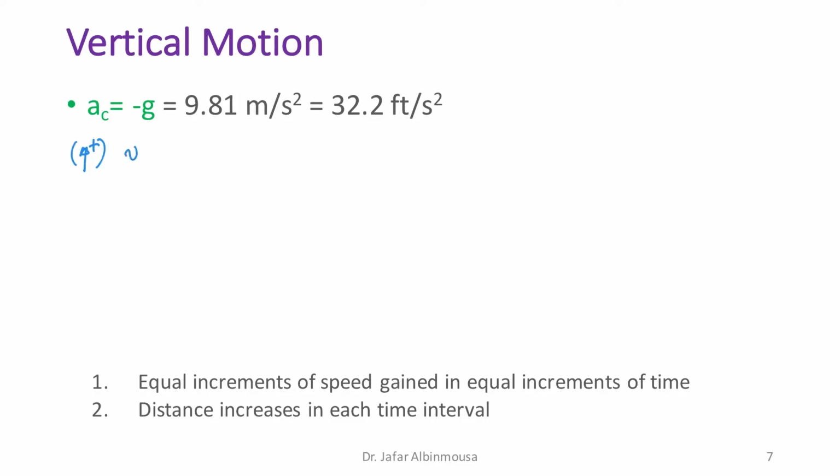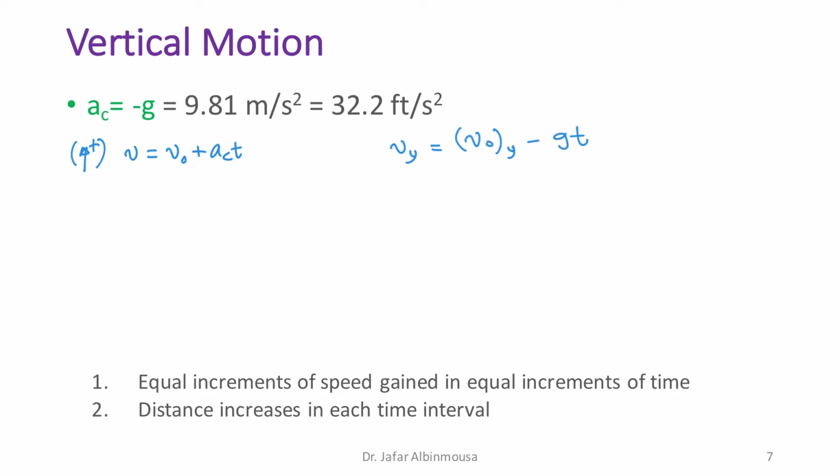Now, we write down the constant acceleration relations again, and for that, we will have upward as positive. The first equation, v equals v0 plus ac multiplied by t. If we rewrite it for vertical motion of a projectile, we get vy equals v0y minus gt, where we replace the acceleration with minus g.